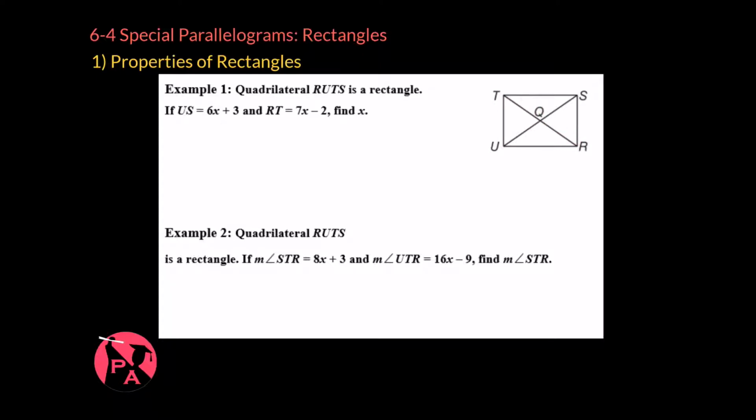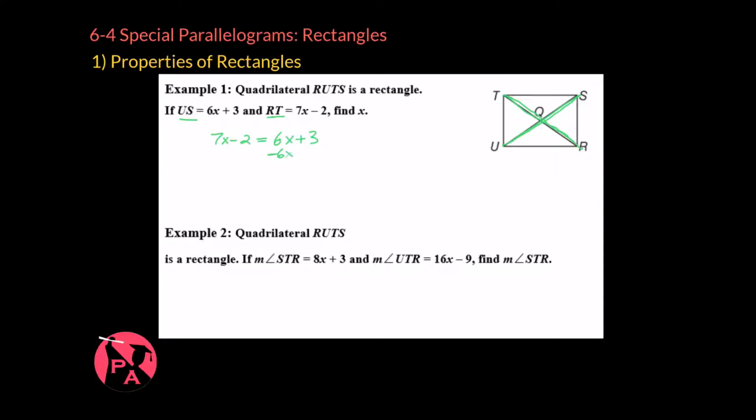So what we learn about diagonals of rectangles is they are congruent, like TR and US are the same. TR and US are going to be the same, so we have their measures 7x minus 2 and 6x plus 3. These are the same.